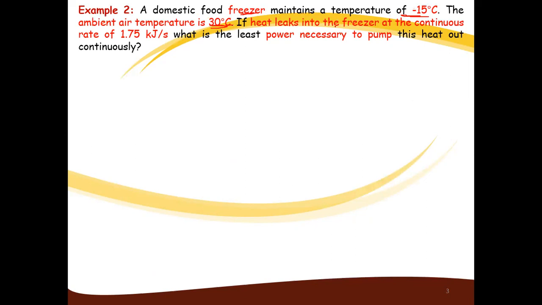If heat leaks into the freezer at a continuous rate of 1.75 kilojoule per second, what will be the least power necessary to pump this heat out continuously? Now there is a heat leakage and we have to pump out this heat leakage.